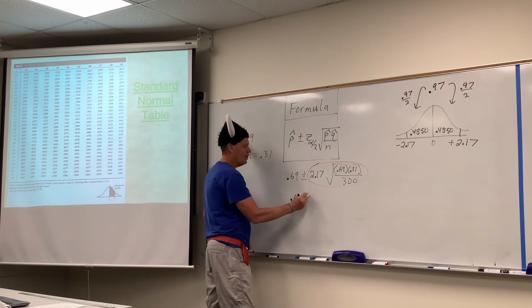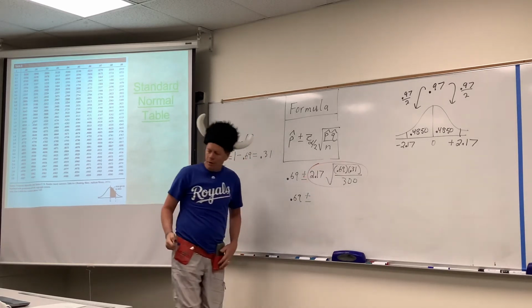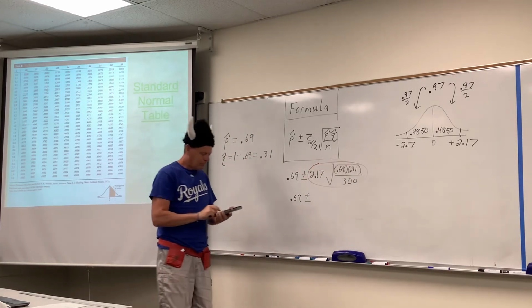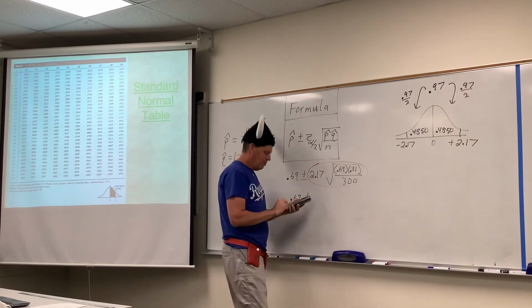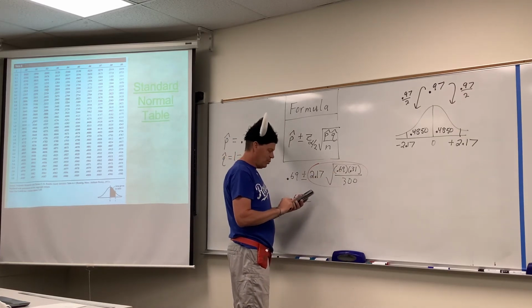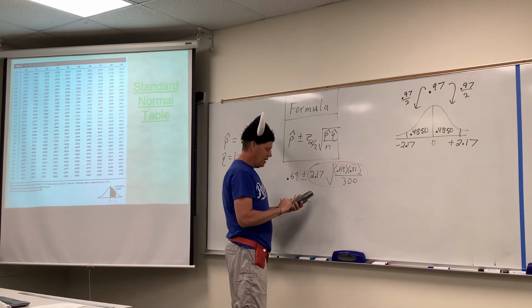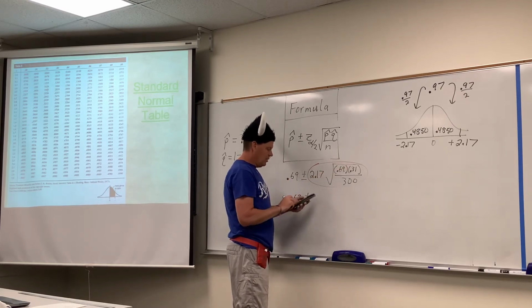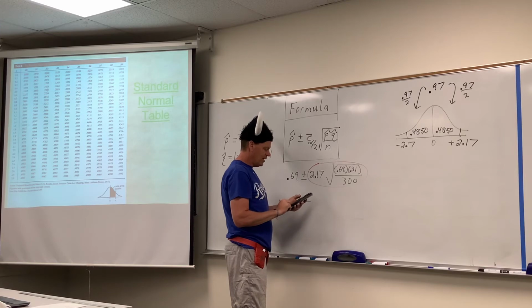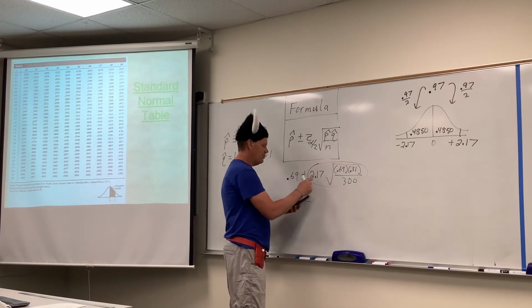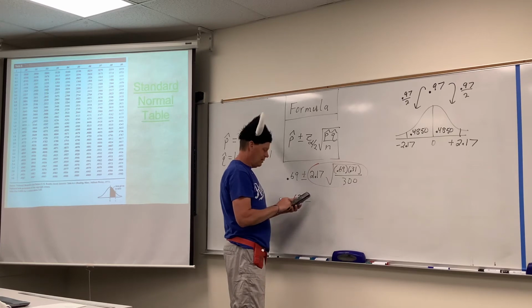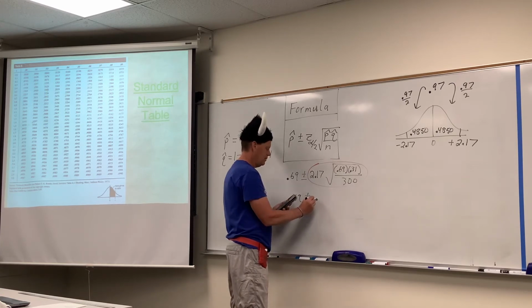There are all kinds of places we could trip and fall on that. I would do this: 0.69 times 0.31 equals, divided by 300 equals, square root of the previous answer equals, times 2.17 equals.